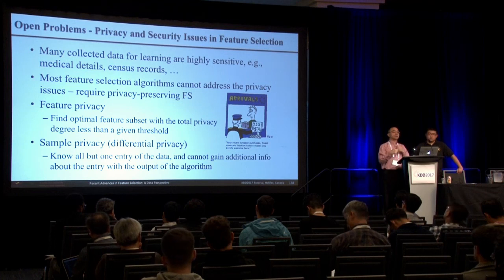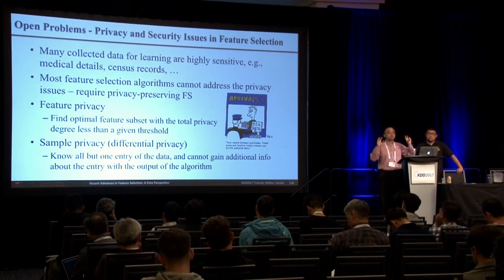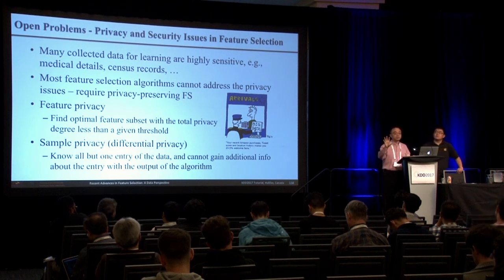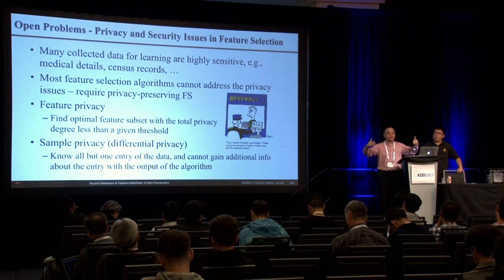And also, we talked about a lot of data. So think about this problem. If you have a limited number of features and you have a lot of instances, then regardless of what you do to hide the features, people can figure it out. There are many examples of this, okay? They can figure out the feature values.